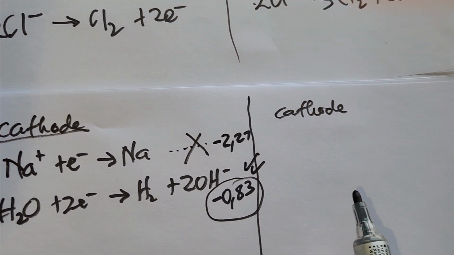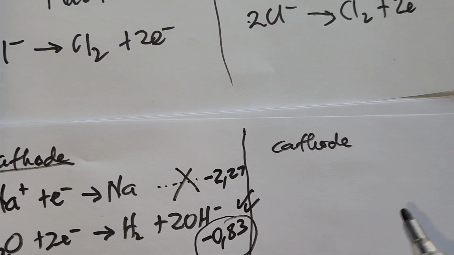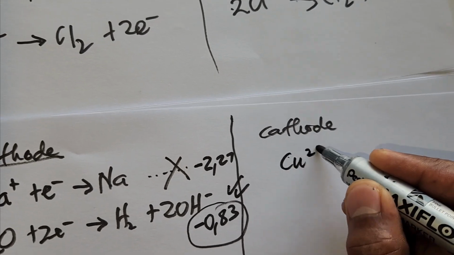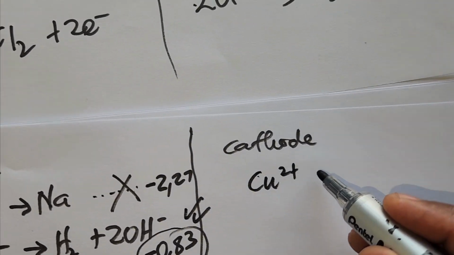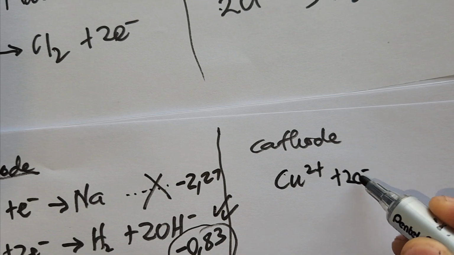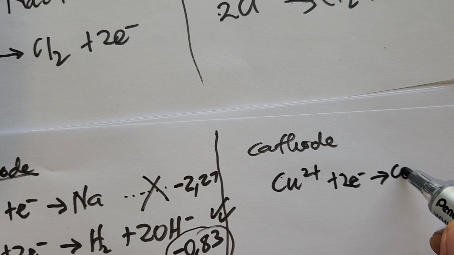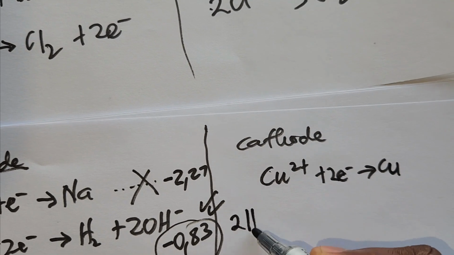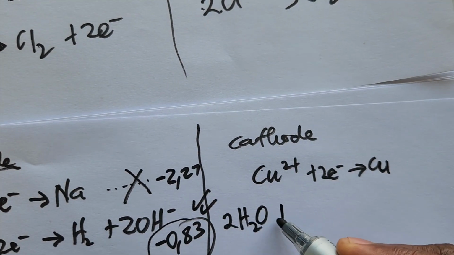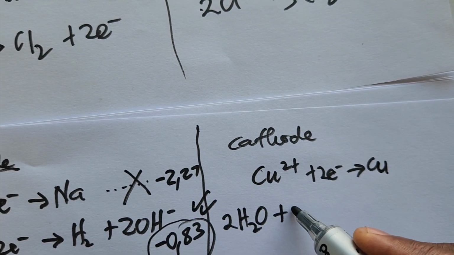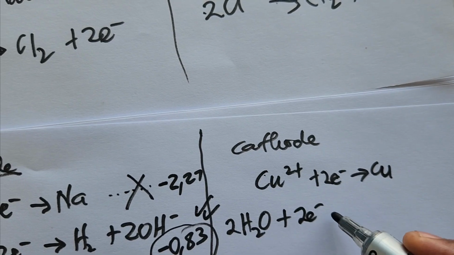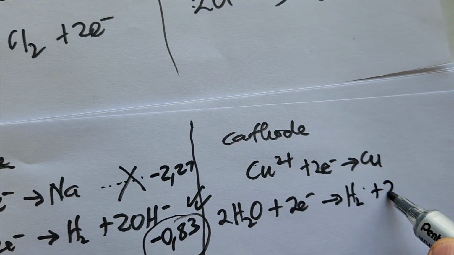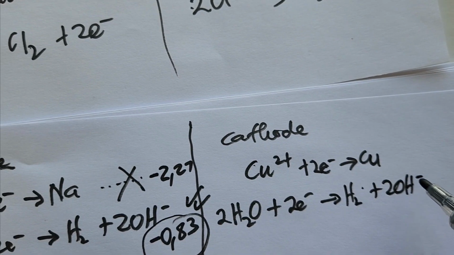And then in the case of copper chloride, there are also 2 reactions. Copper ions might be reduced to form copper metal. Another species that can undergo reduction is water: 2 water plus 2 electrons forming hydrogen, plus 2 OH minus. Which one will take place between the 2?